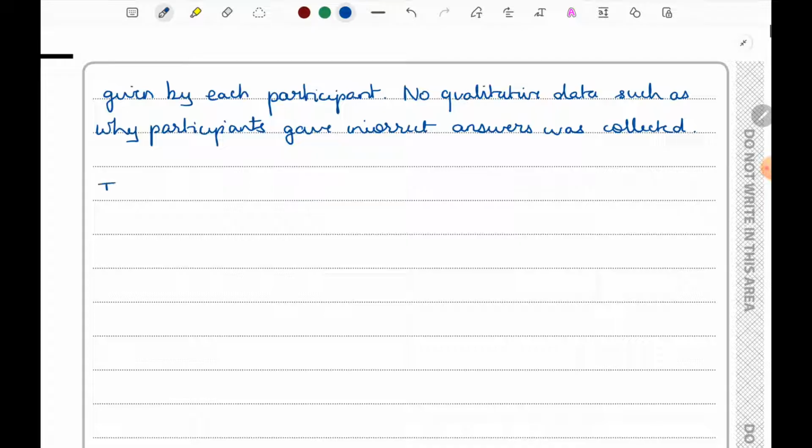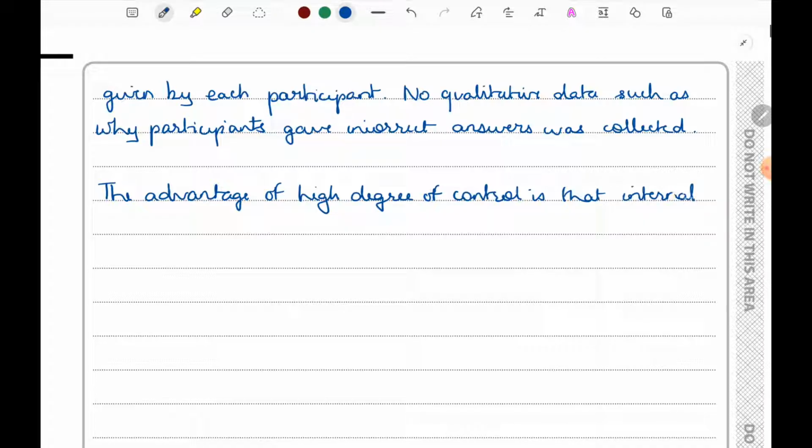The advantage of a high degree of control is that internal validity is greatly enhanced.